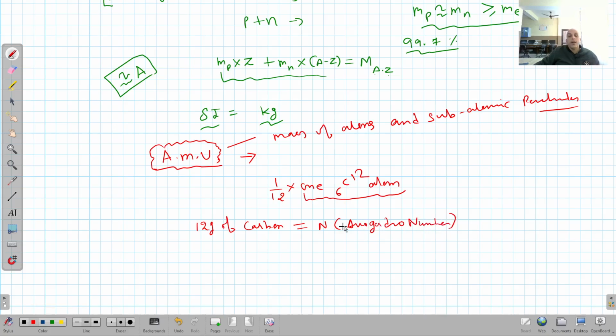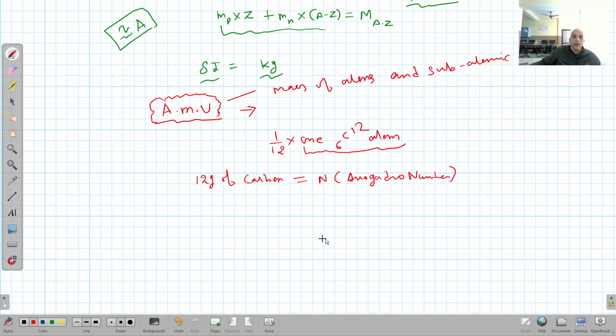This is Avogadro's hypothesis, that all the species, that is molecules or atoms, contain a number equal to Avogadro's number when the mass is equal to the molecular mass or atomic mass of that species. In case of an atom we take the atomic mass, in case of a molecule we take the molecular mass.